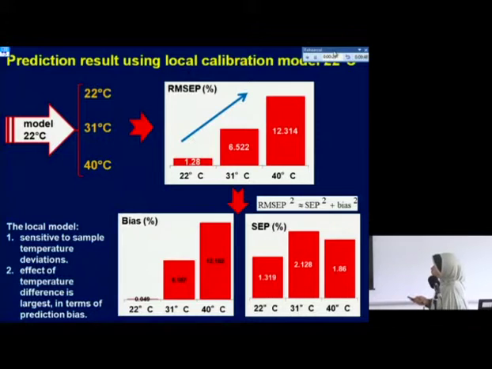The local calibration at 22 degrees shows good prediction for the samples at the same temperature, but the prediction was worse for the samples at different temperature. So from here we can see that the effect of temperature difference is larger in terms of bias, not SEP.